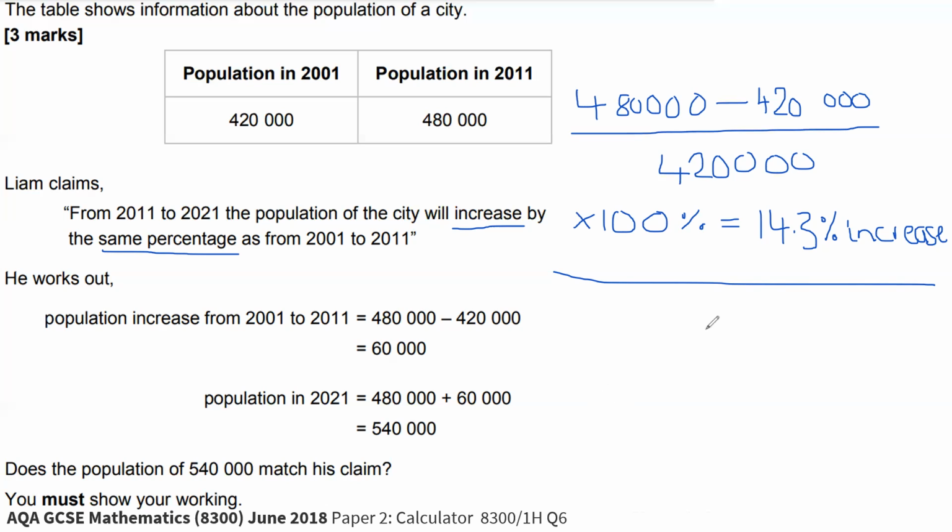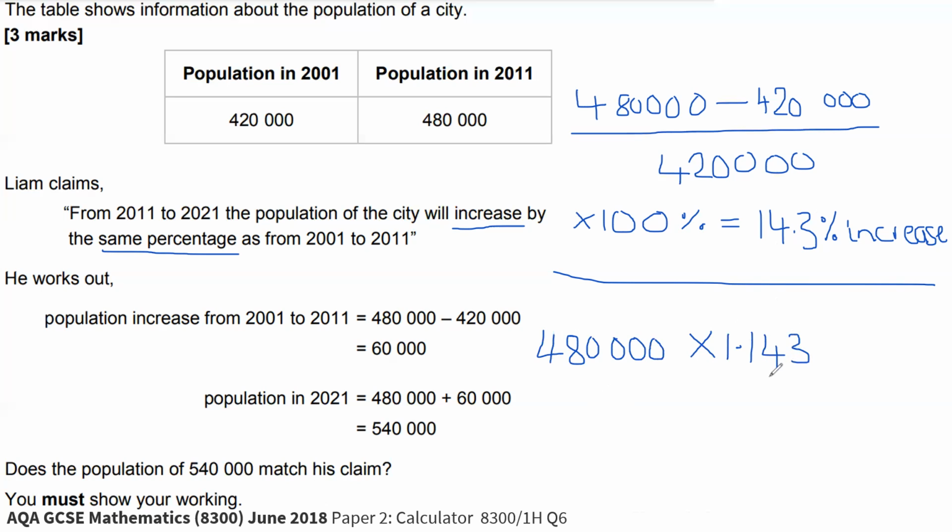So if we're going to do this in one step, we know that it's an increase. We're going to increase the population in 2011, so 480,000, and we can times that by this converted to a decimal. So it'll be 1.143.